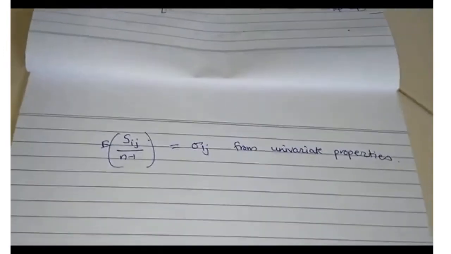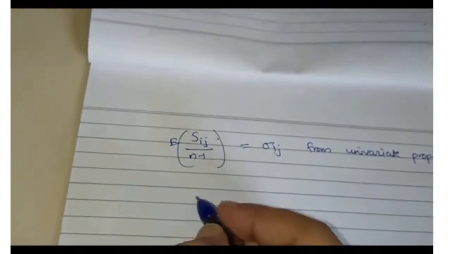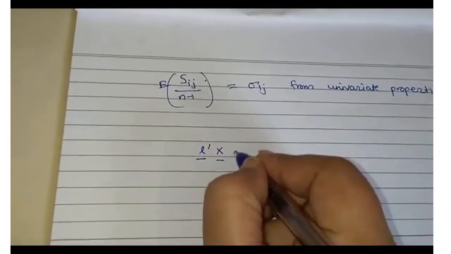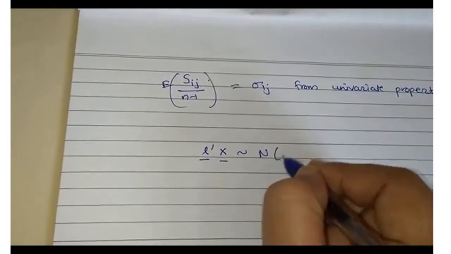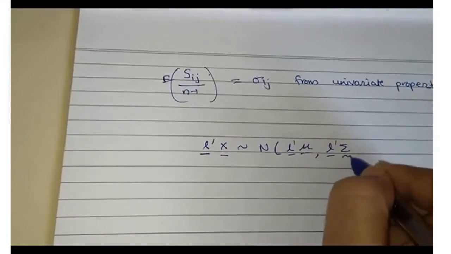There is another way to define it, and it is slightly more precise. So if this is my S matrix, and let me consider L prime x, we know that L prime x will have a univariate normal distribution with mean L prime mu and variance L prime sigma L. This I know.